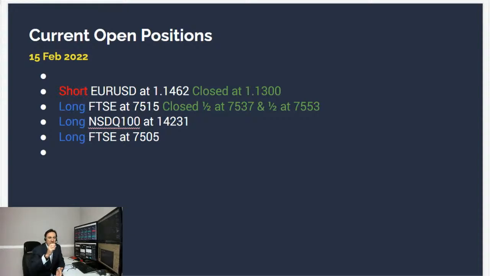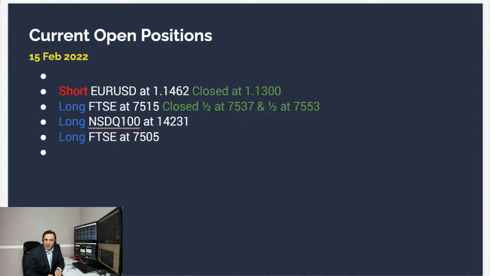I was looking for a 4-hourly or end of day close below that level before more selling pressure occurs, therefore stronger US dollar, weaker euro, and so on. That didn't happen. The price just went below a little bit and then consolidated, so I decided to get out of that trade at 113. So I'm flat. I don't have that position open anymore.